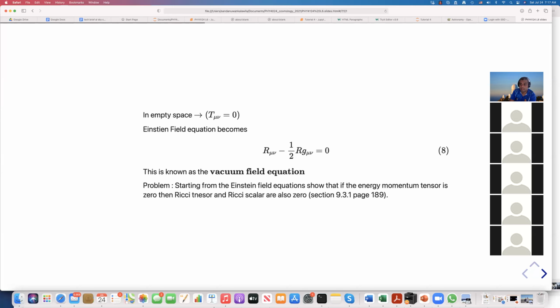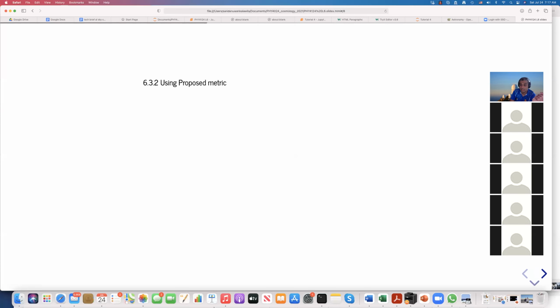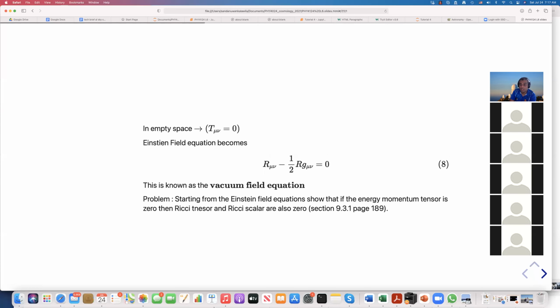Now, as this problem suggests, from this condition we can prove that both the Ricci tensor and the Ricci scalar are zero, right? And you have to be very careful here, because having both the Ricci tensor and the Ricci scalar equal to zero does not necessarily mean that the space is flat, right?